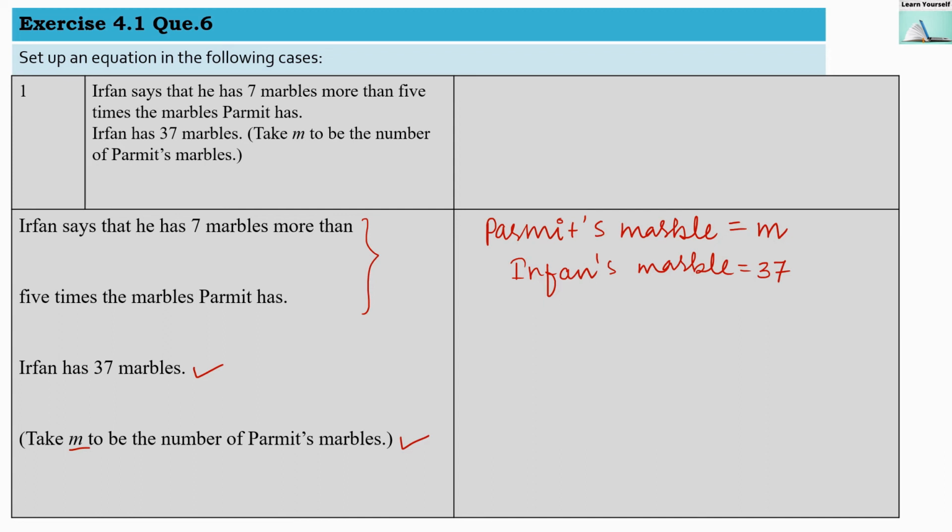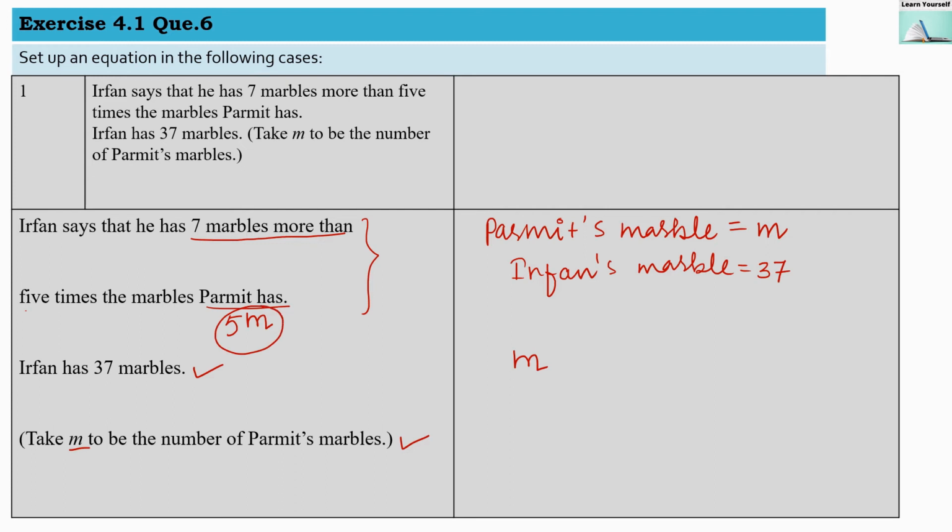Irfan says that he has 7 marbles more than 5 times the marbles Parmit has. Now how many marbles Parmit has? That is m. Parmit has m marbles and 5 times the marbles Parmit has, that means it is 5m. Now let us check this detail, that 7 marbles more than 5m.